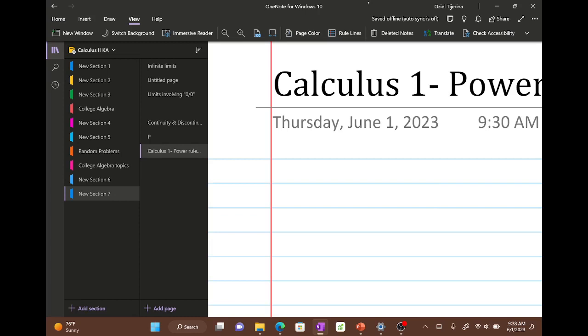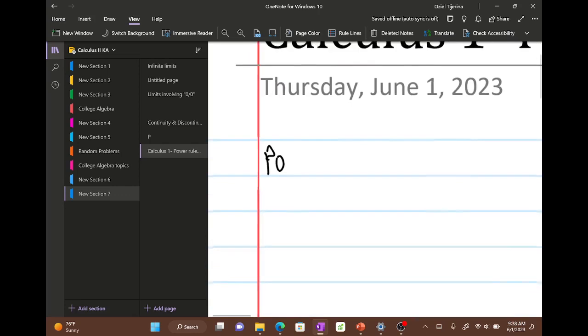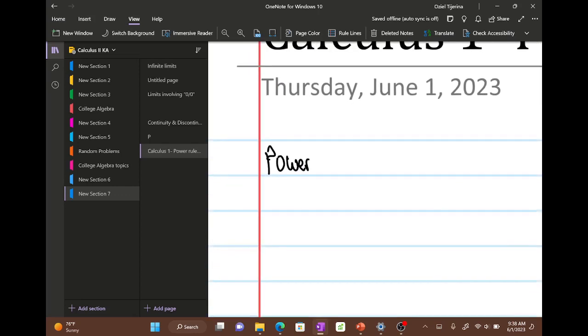So basically the power rule for derivatives is the following.